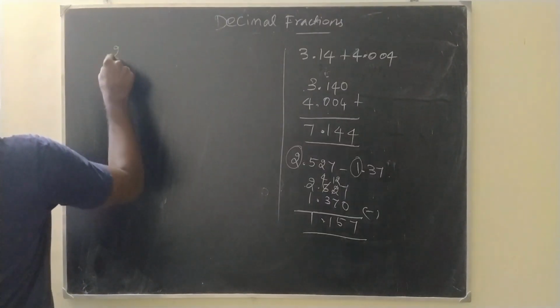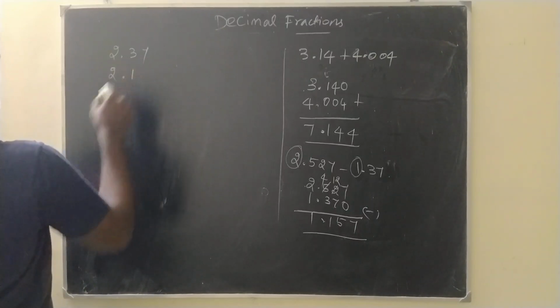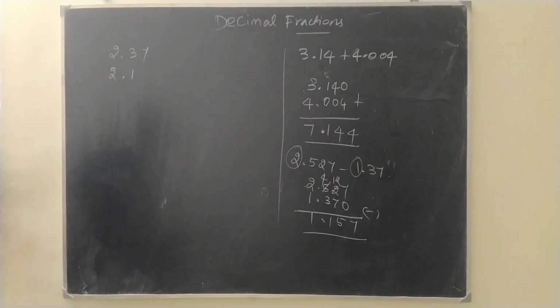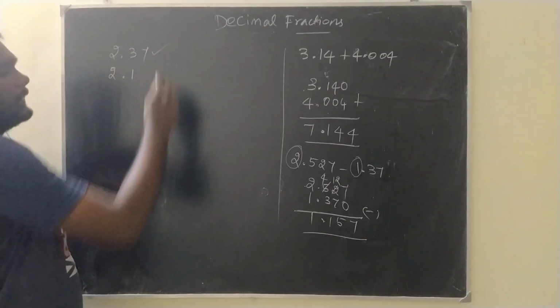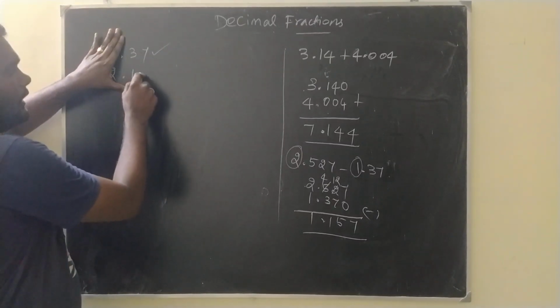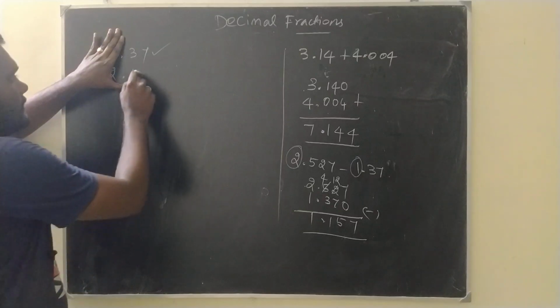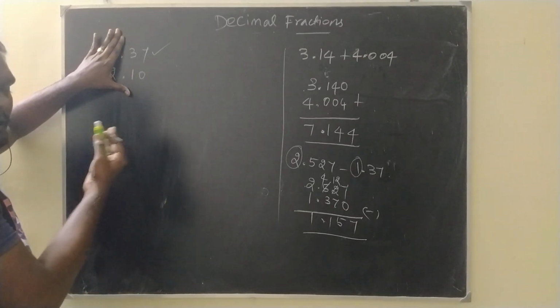See, 2.37 and 2.1. Which is greater? 2.37 is greater. So, after this is equal, we should consider it as 1, or by making it like fractions, we can make it 10. But we should not pronounce it like 2.10.